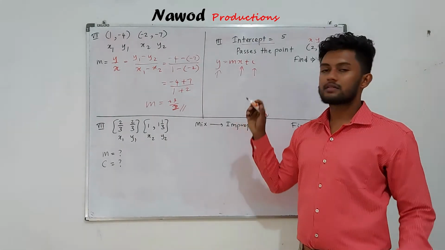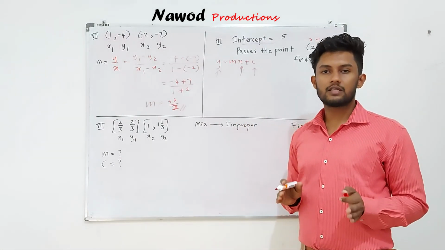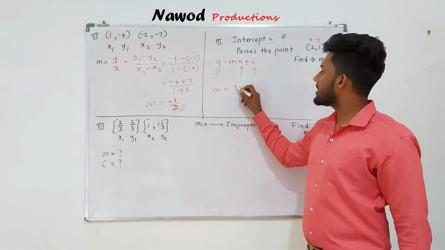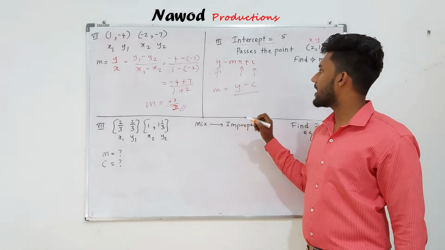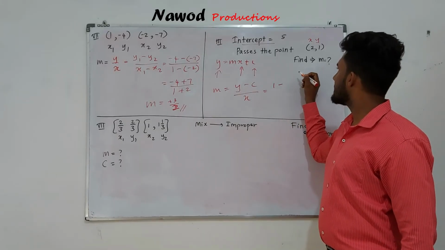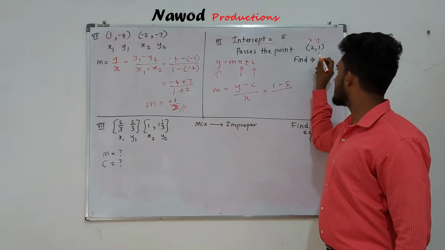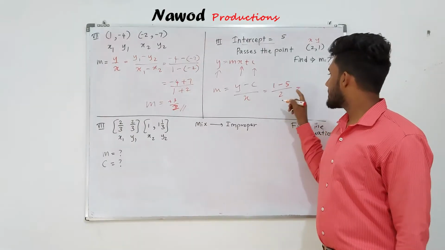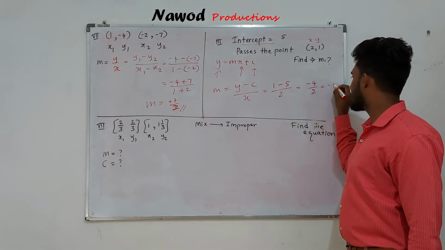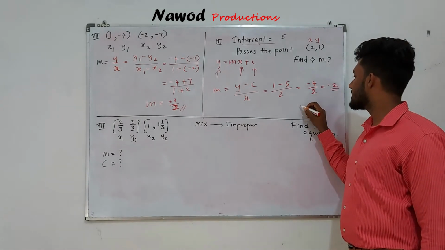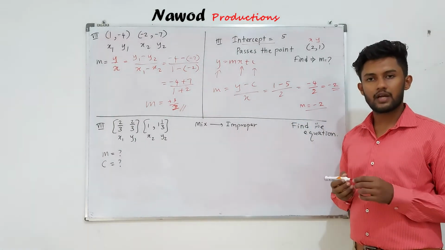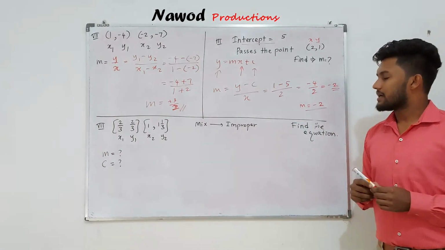Then you can make m the subject and find the gradient. Here m is y minus c divided by x. Here y is 1, c is 5, and x is the x coordinate, 2. Then minus 4 divided by 2 gives minus 2 as the answer. So the gradient is minus 2.